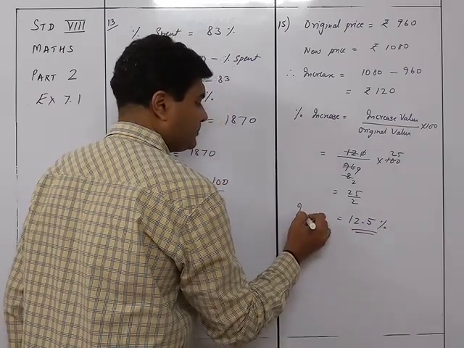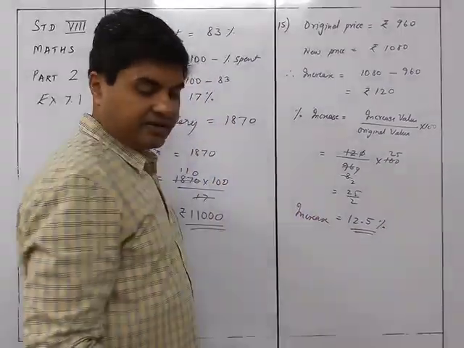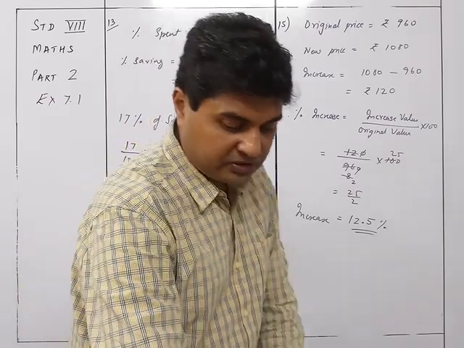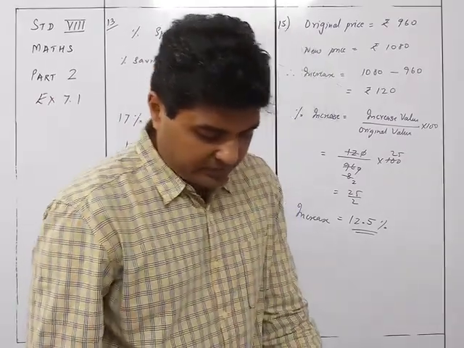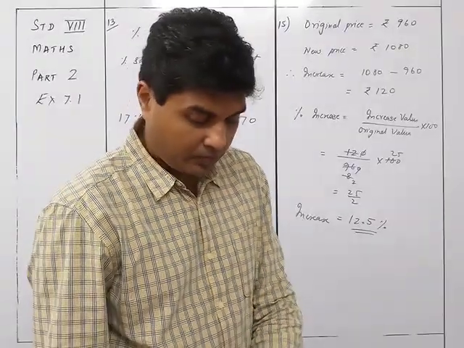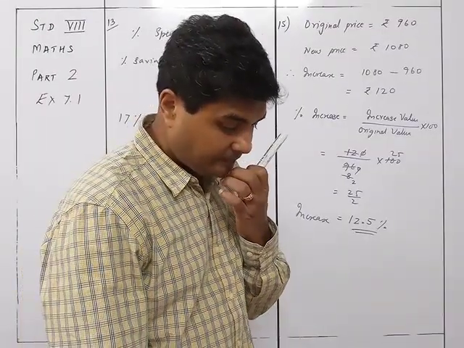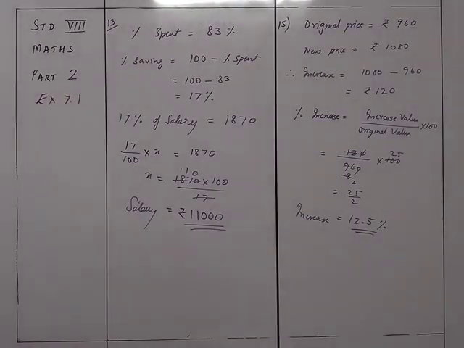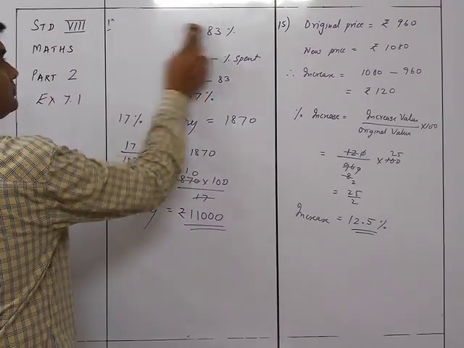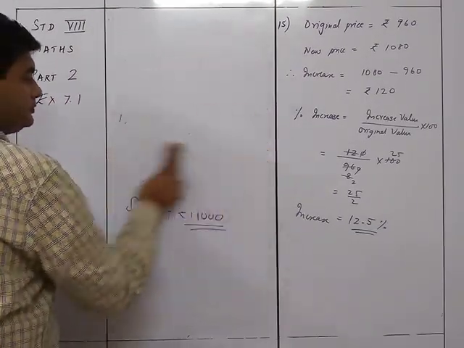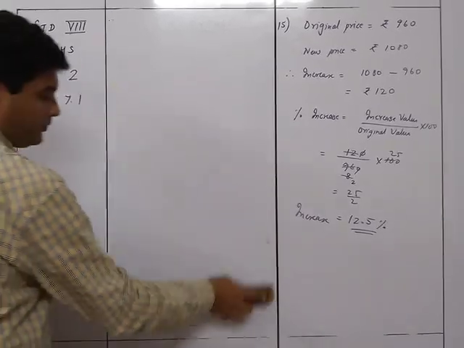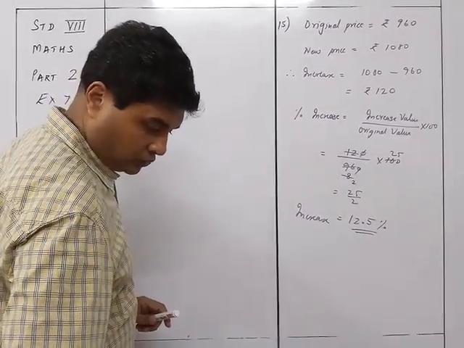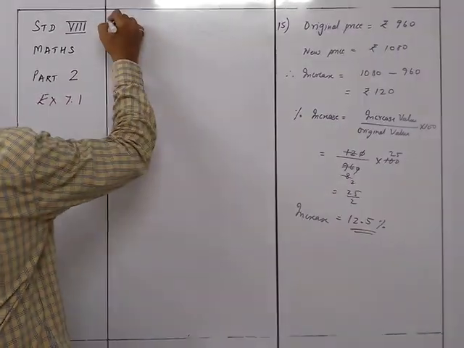So increase percentage is 12.5%. That was sum number 15. 12.5%. We now move on to sum number 17.